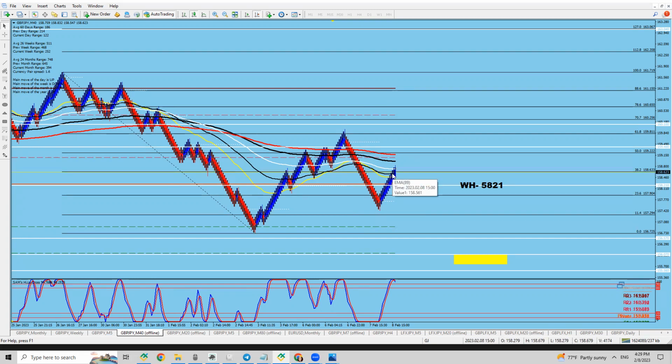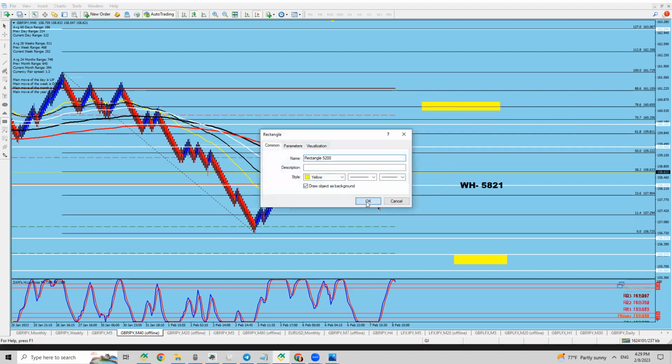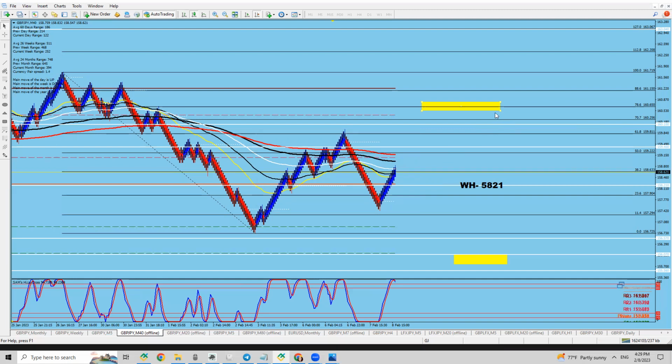Now for a Gartley pattern to finish, we have to go to this level, 78%. Right? So we have to be coming here, this area. So that would be 61, 23, 78.